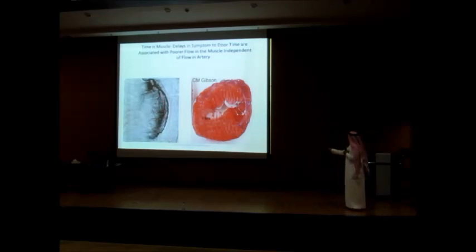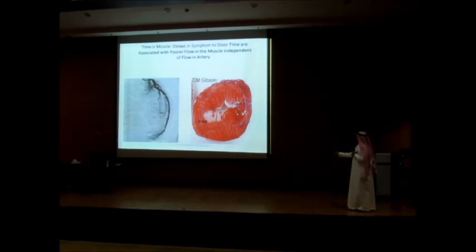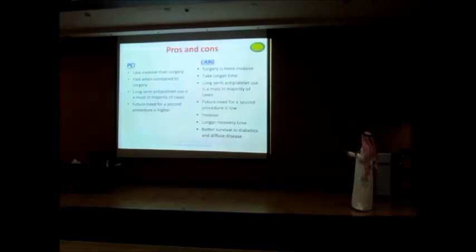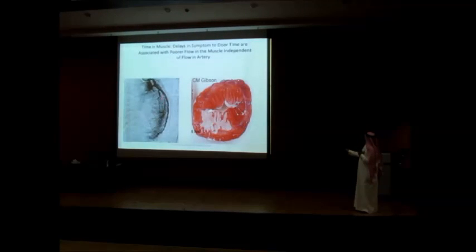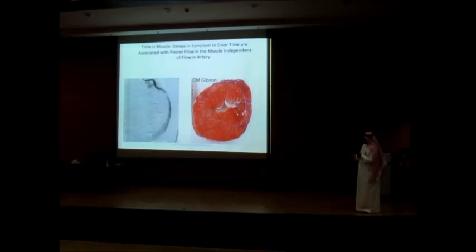So this is normal, but this is really abnormal. Why? Because the blood is not getting into the small blood vessels. So the artery is open, but the muscle is closed. Right? So the way we treat this, before we put the stent, we put something called a thrombectomy device.